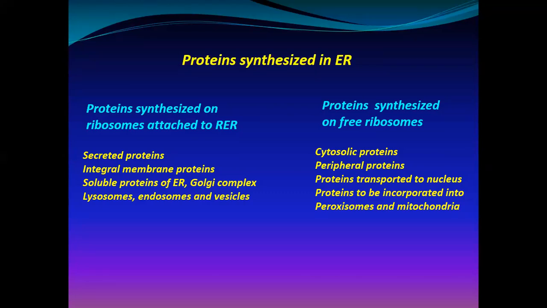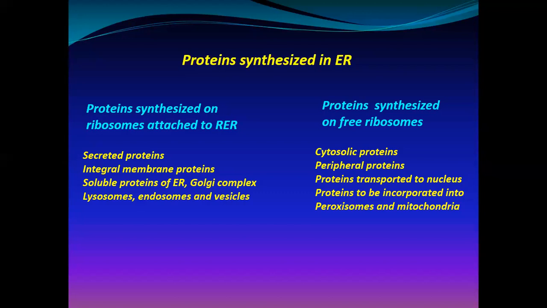Integral membrane proteins are synthesized on ribosomes attached to rough endoplasmic reticulum. On the other hand, the peripheral proteins of the cell membranes are synthesized on ribosomes which are freely present in the cytoplasm, isn't it? And then proteins transported to the nucleus, some of the proteins which are essential in nuclear function, and proteins to be incorporated into the peroxisome and mitochondria: you can see the difference.